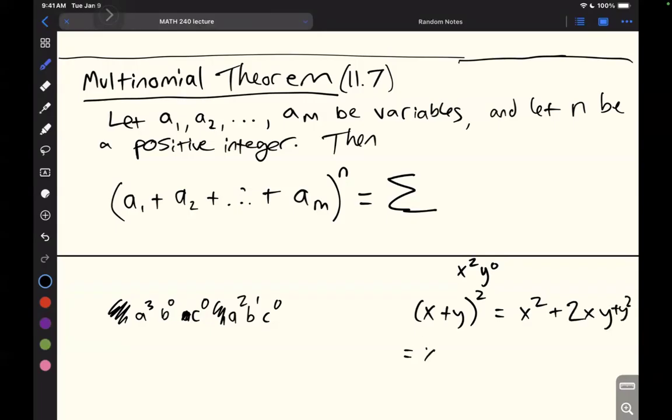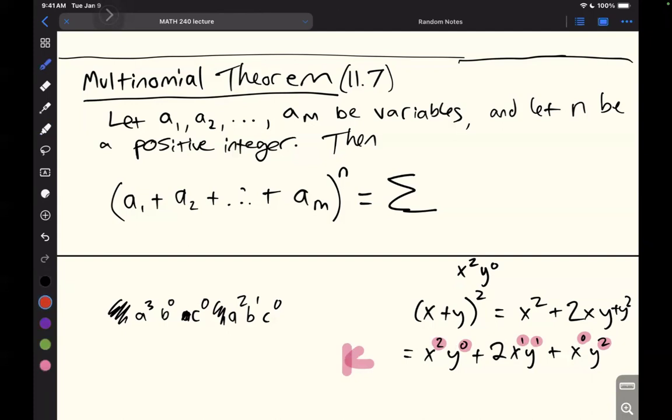This is secretly x squared y to the 0 plus 2 x to the 1 y to the 1 plus x to the 0 y squared, right? With me so far? Those numbers are k.